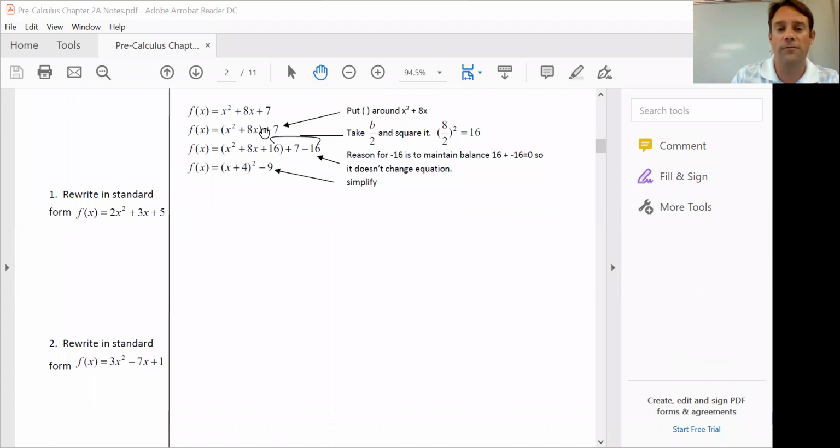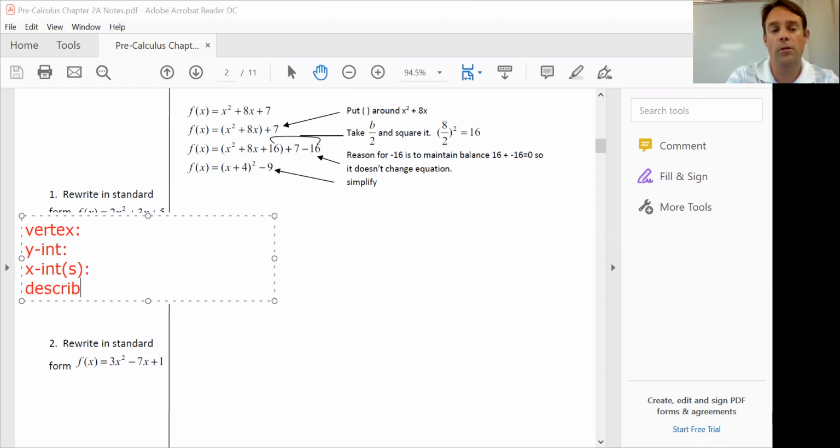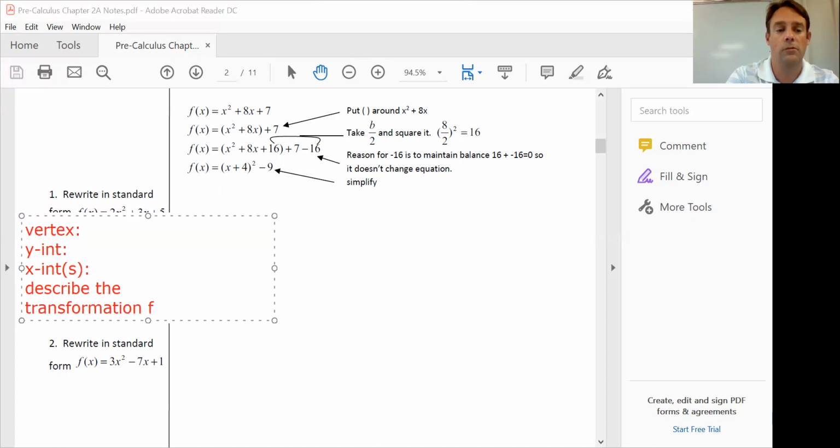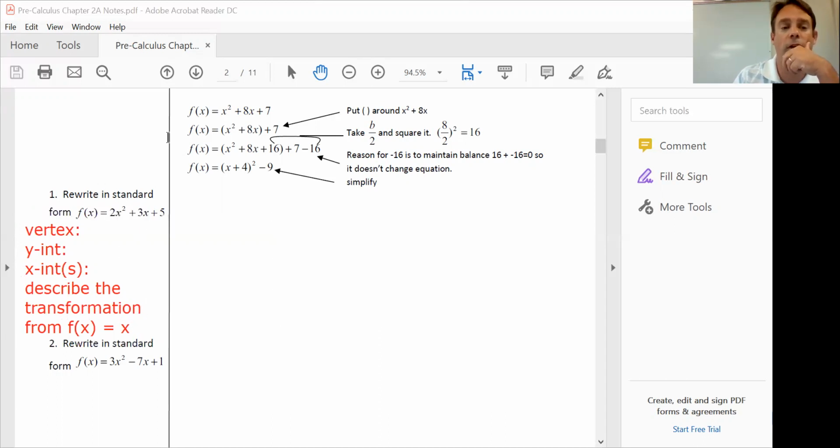I'm going to give you a function right here, and we're going to use it to help us figure out our vertex, our y-intercept, our x-intercepts, and then describe the transformations from f of x equals x squared.